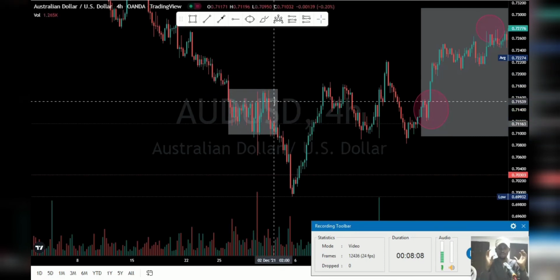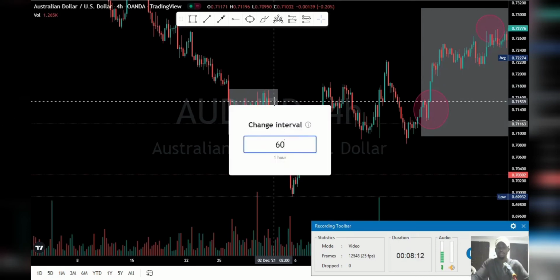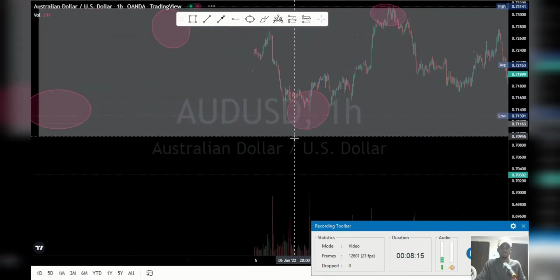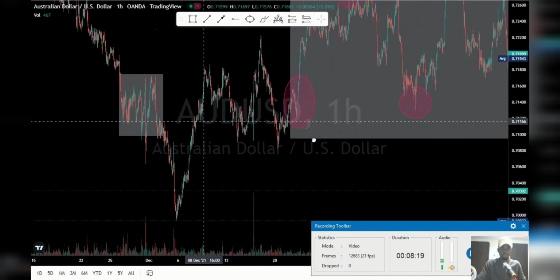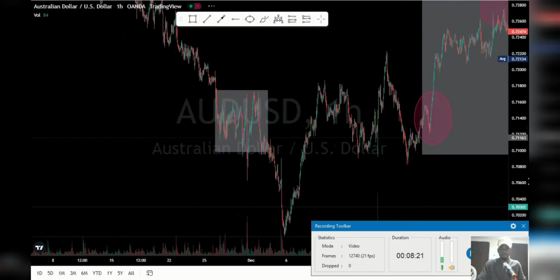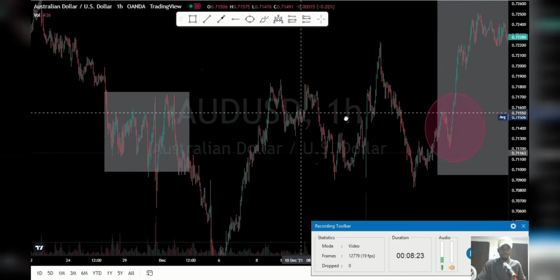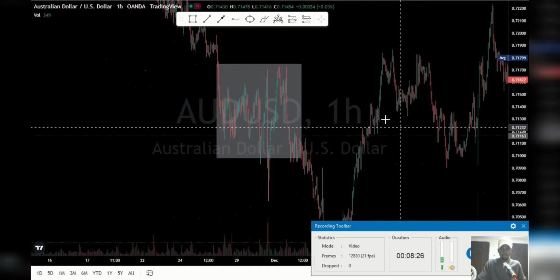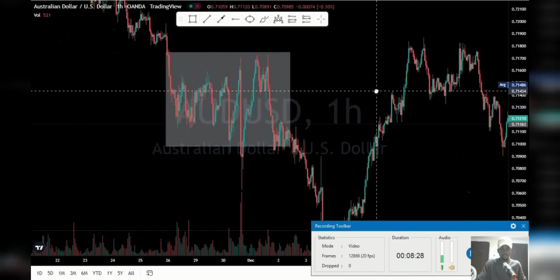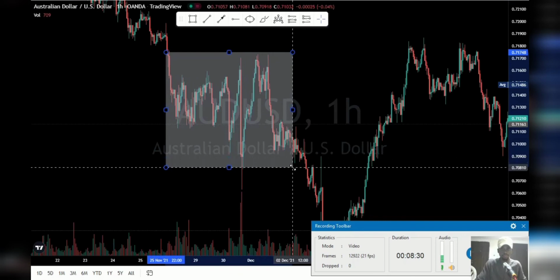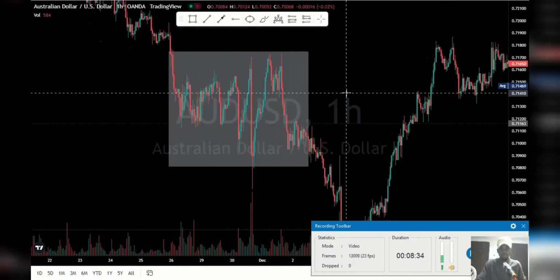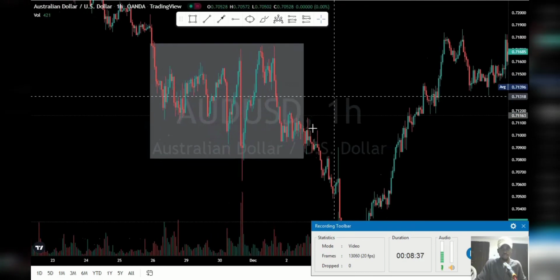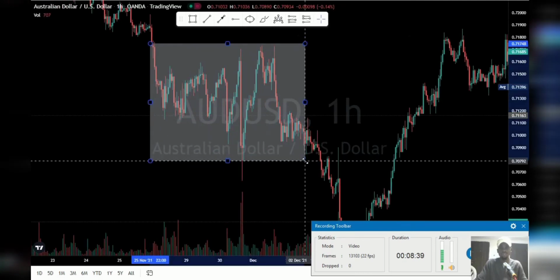A pro trader will scale down to a lower time frame, let's say 60 minutes. This is just a back test. So this is the ranging market here. They will scale down to H1 and start looking for a possible entry, and not just H1.